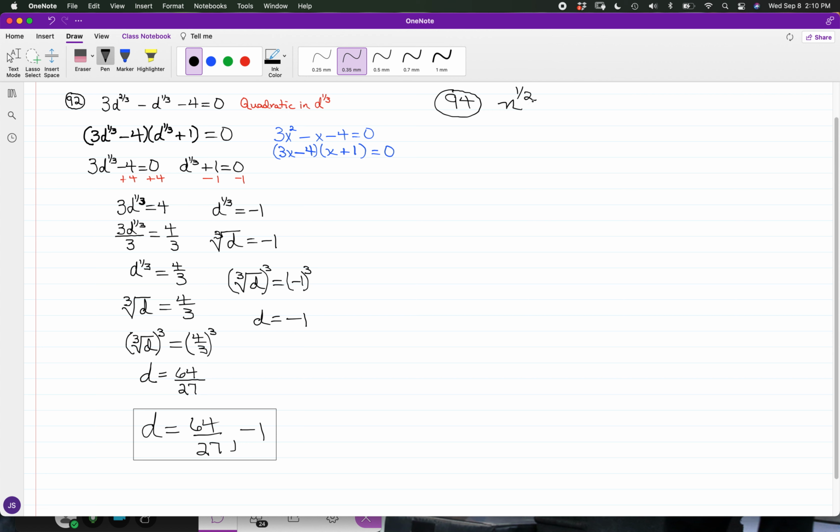So I have n to the 1/2 plus 6 times n to the 1/4 minus 16 is equal to 0. For the variable terms in n, I have 1/2 degree and 1/4 degree, and 1/2 is twice the value of 1/4. So this particular equation is going to be quadratic in n to the 1/4.